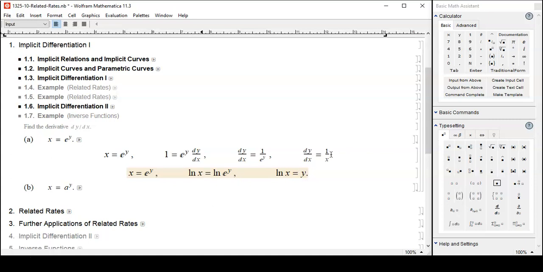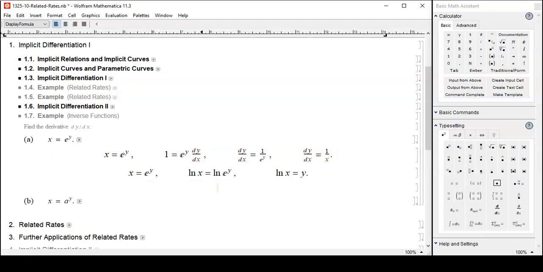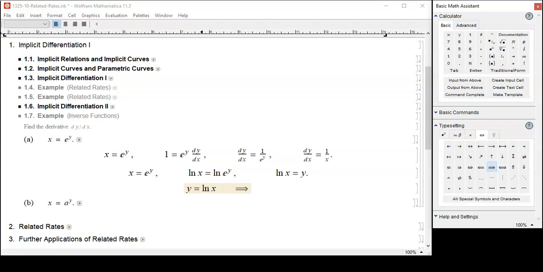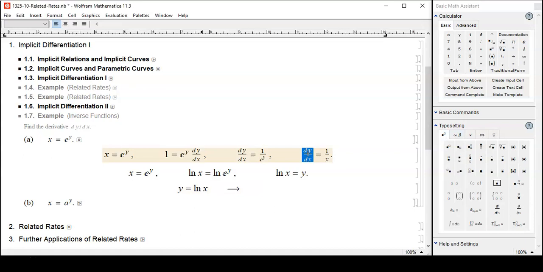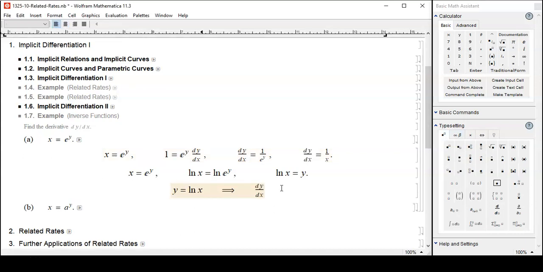So what computation did I just do here? Well, in fact, we did this computation. y is log of x. If that's the case, then dy dx is nothing more than the derivative d/dx of log of x.